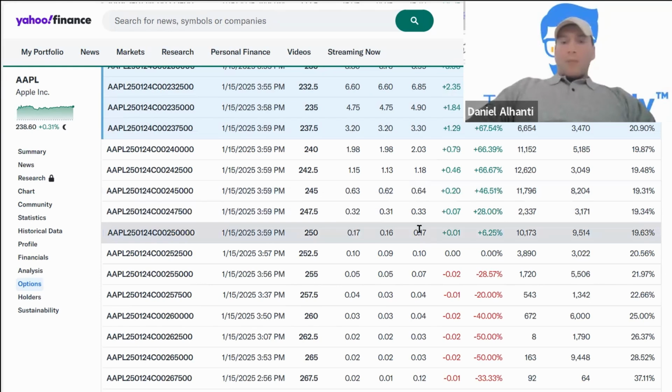So as it goes up, I could start to sell off my contracts and then keep one. Let's say I have two contracts and one of them goes to 100%, I could sell one of them and then the other one could just keep going. And no matter what, I still am going to make 100. I'm still not going to lose any money on those two calls that I bought because one already doubled itself.